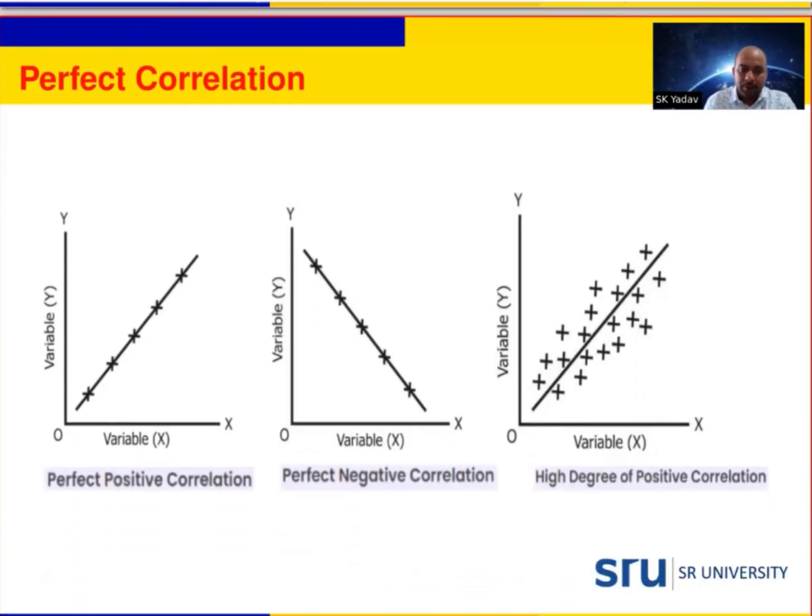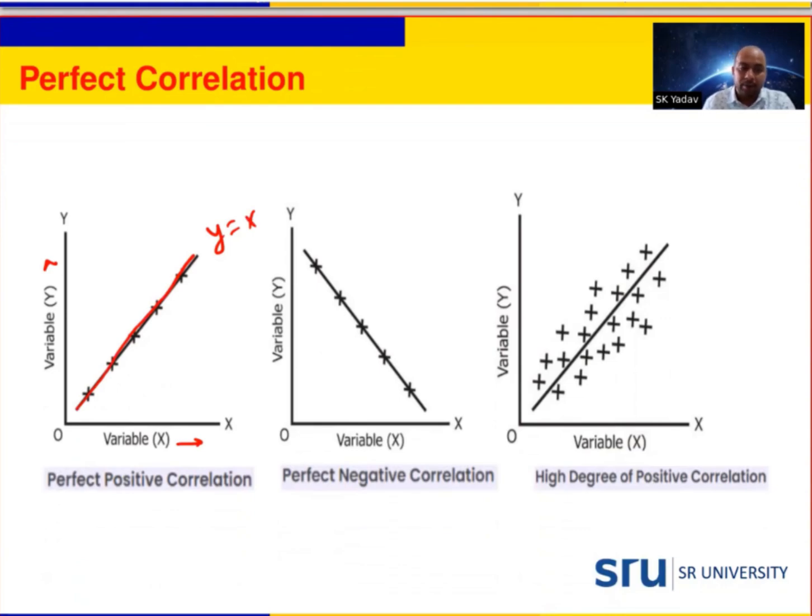Now see here, this is the x variable and this is the y variable, and these 5 points are indicated here, and they are all lying on this line. That means they are perfectly fitted along the line y equal to x. So this is called a perfect kind of correlation.